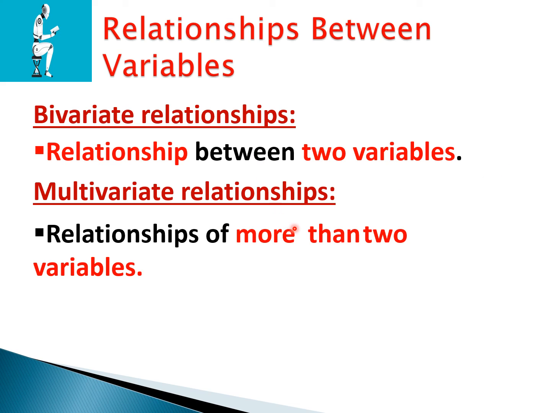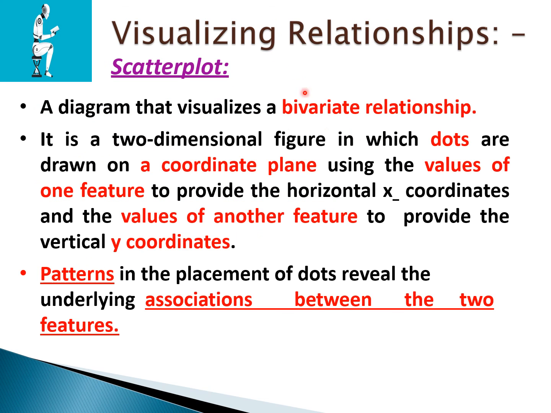How do we visualize a relationship? We use a scatter plot, a diagram that visualizes a bivariate relationship. It is a two-dimensional figure in which dots are drawn on a coordinate plane, using the values of one feature to provide horizontal x coordinates and the values of another feature to provide vertical y coordinates.